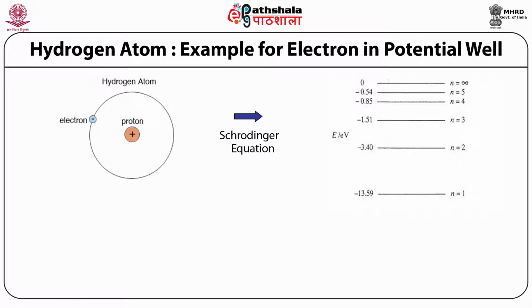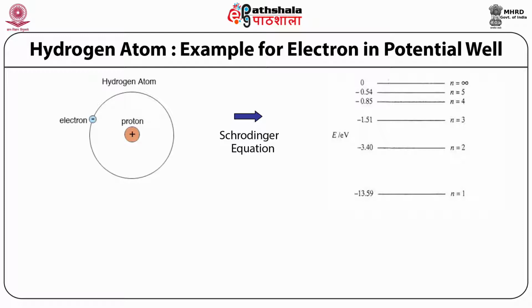Now solving the Schrodinger equation, we get that the energy is quantized, and for all the energy levels corresponding to the various values of n, that is if we go from n equal to 1, 2 till infinity, the energy is increasing, that is it is going from the negative to the positive side, and the maximum energy which we can achieve is 0.